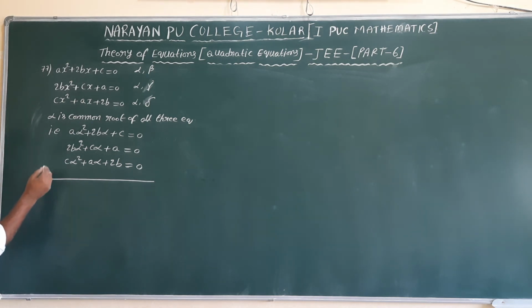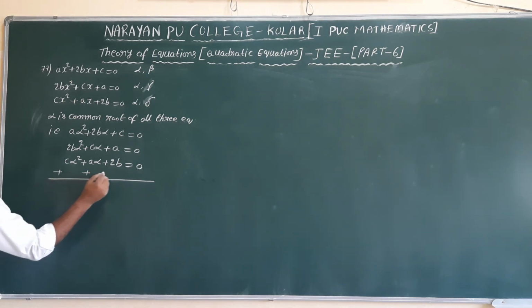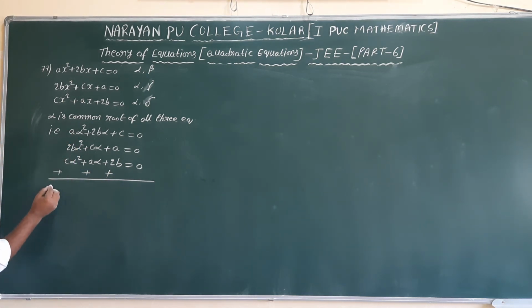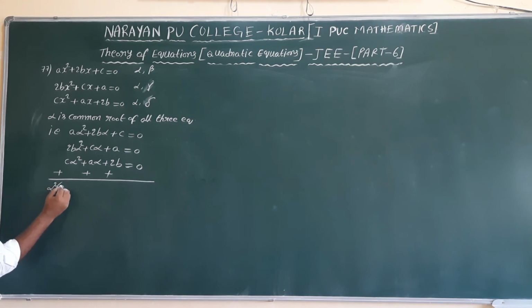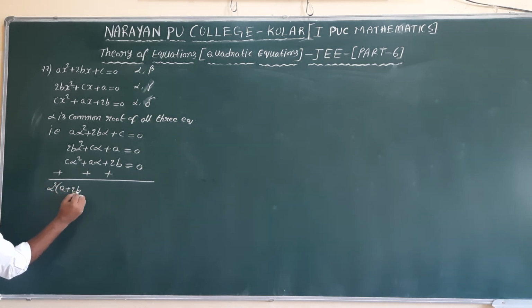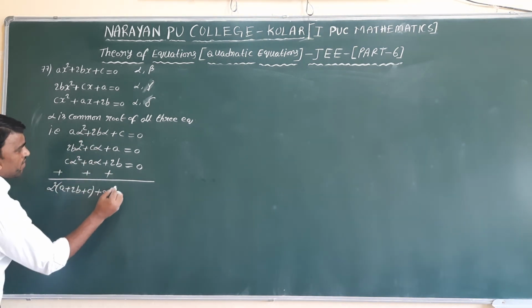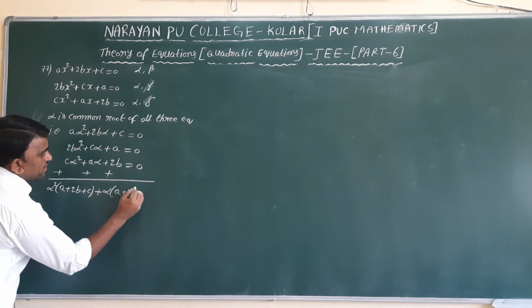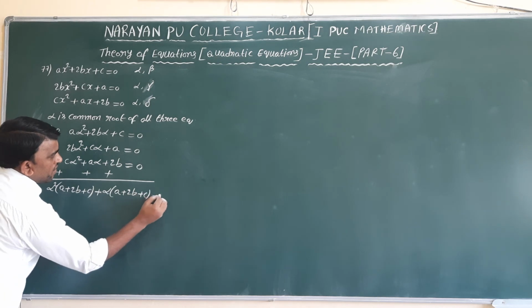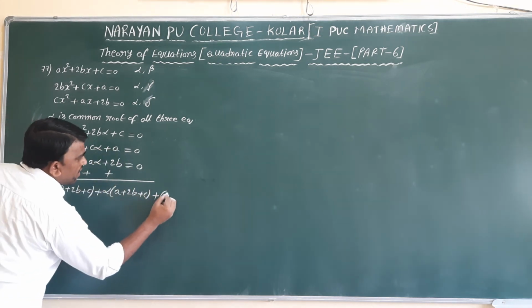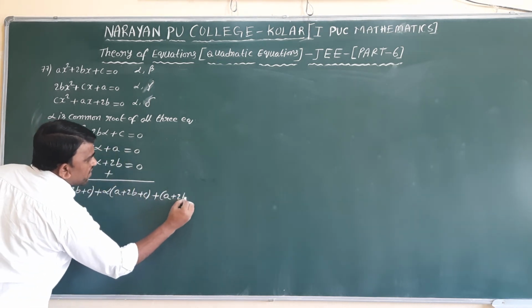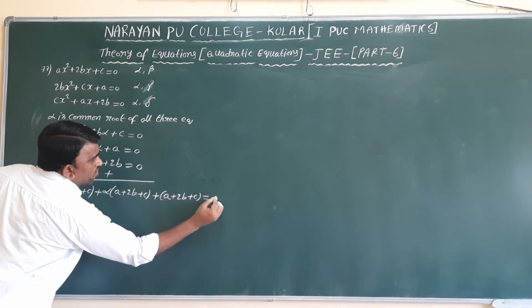Add these 3 equations directly. Everywhere alpha square is common: (a plus 2b plus c) alpha square. Take alpha common: (a plus 2b plus c) alpha. And the constant values added: a plus 2b plus c equals 0.